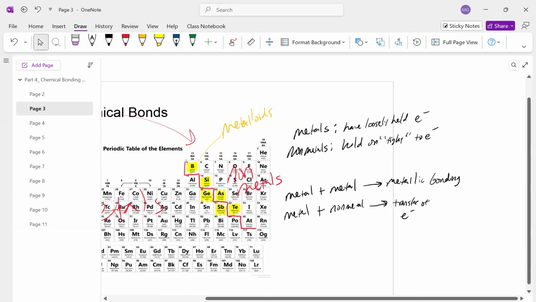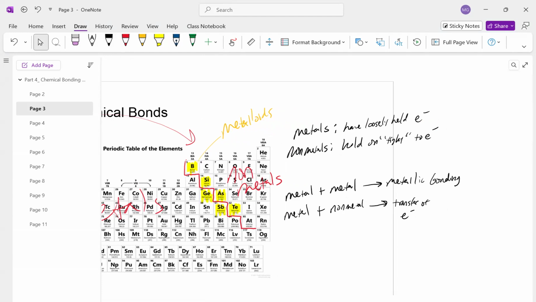I want you to think about why there would be a transfer, and it's always going to be a transfer from the metal to the non-metal. Why would that be the case? I want you to think about that, and we'll dive deeper. We refer to that as ionic bonding. And then when two non-metal atoms bond, this results in a sharing of electrons. This is called covalent bonding.